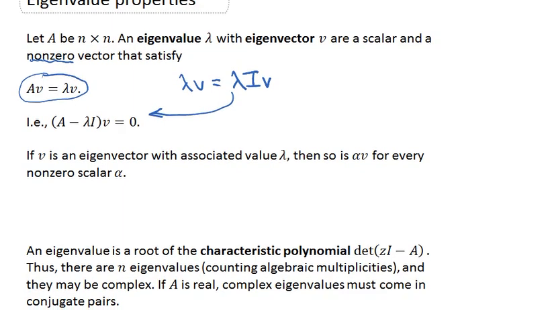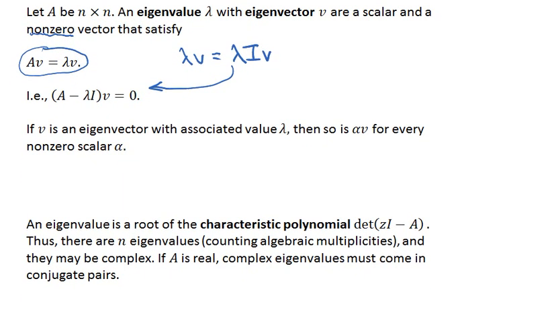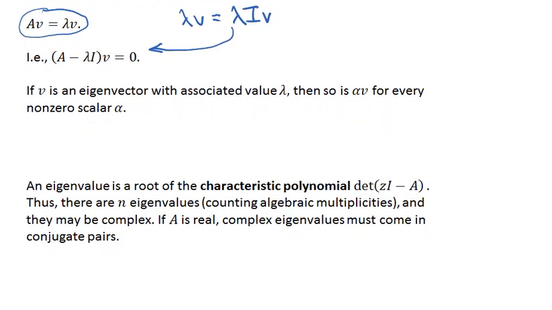Now, it's pretty easy to show from the definition of an eigenvector and an eigenvalue that if v is an eigenvector that goes with lambda, then alpha v is also an eigenvector with the same lambda, where alpha is any scalar other than 0. The reason is, if you take A times alpha v, since alpha is a scalar, you can bring it outside and change the order.